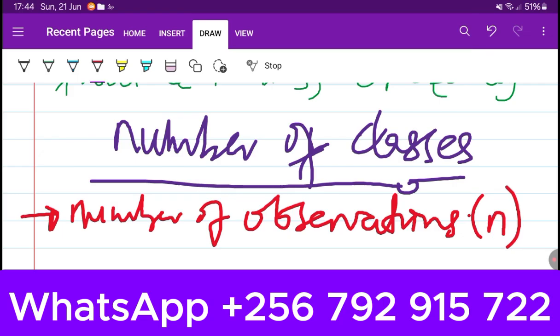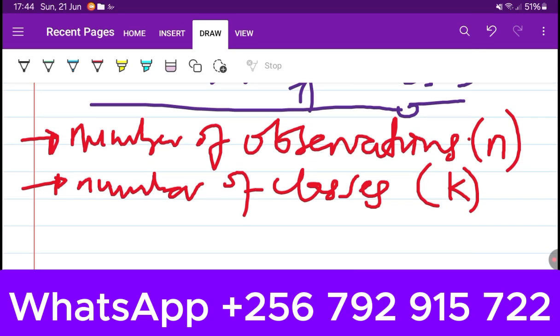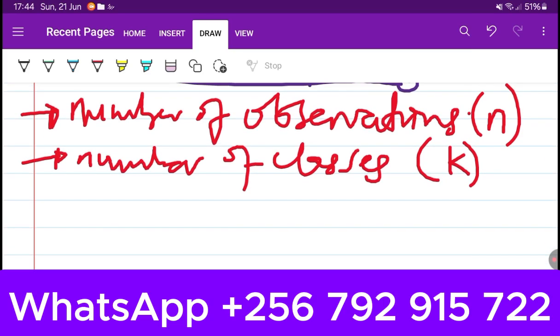The next thing that we need to get is the number of classes. So let our number of classes maybe be letter k. We can also let our value k, the number of classes, be an exponential. You know these exponential values.